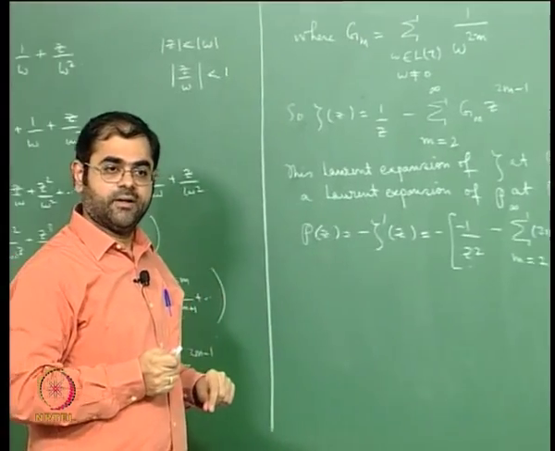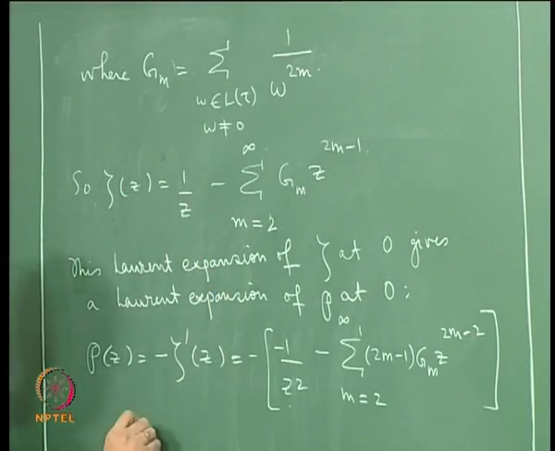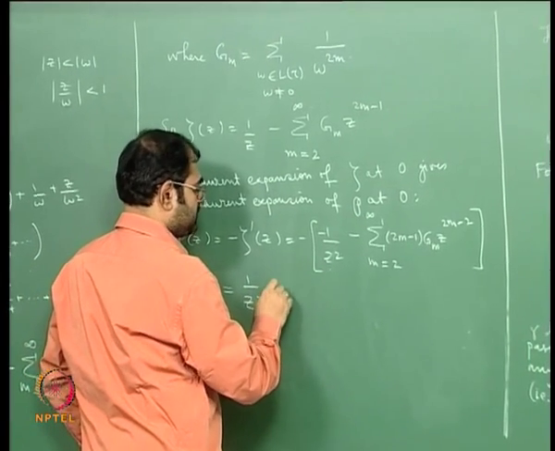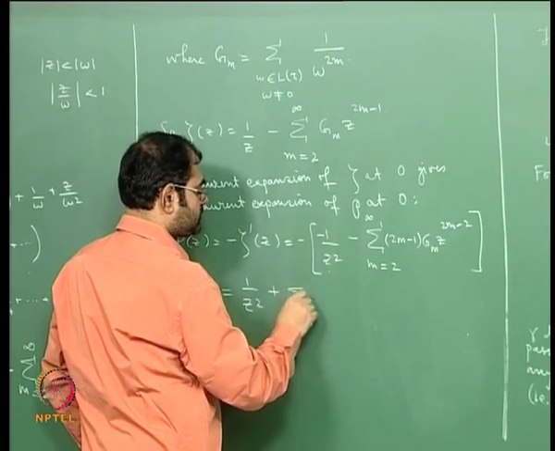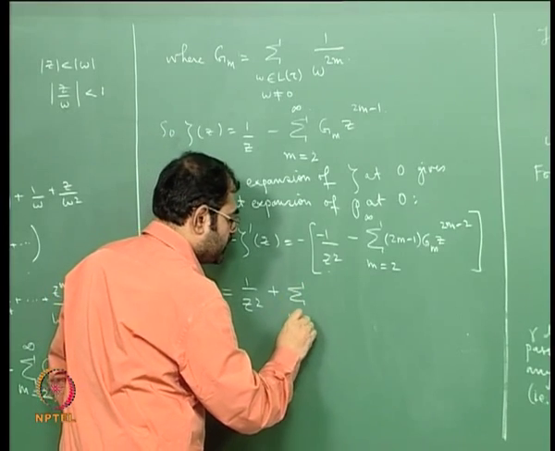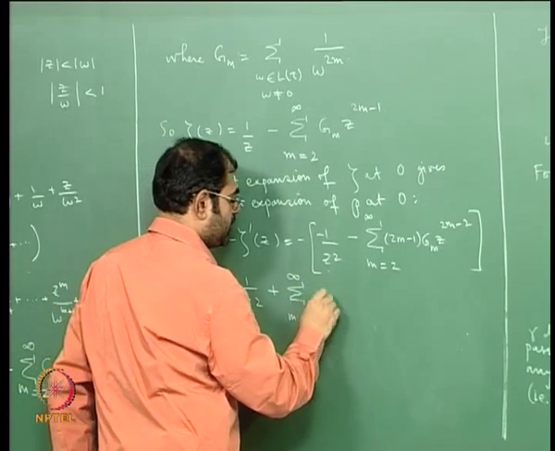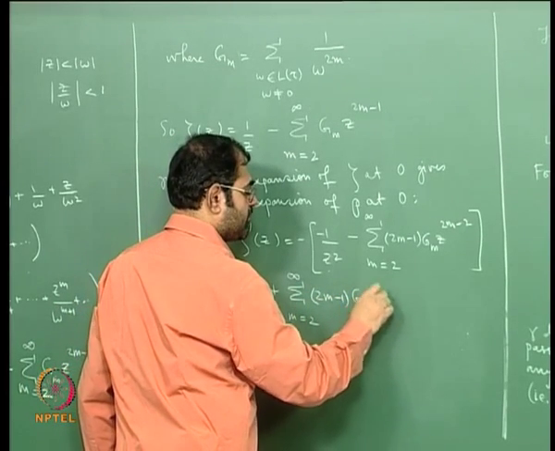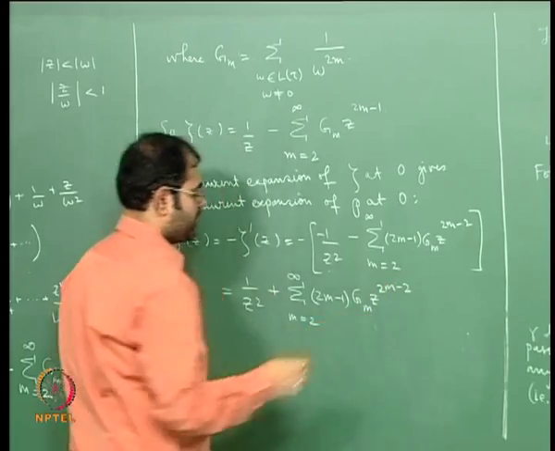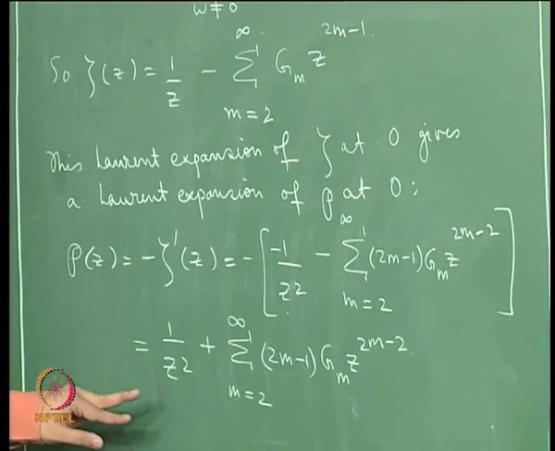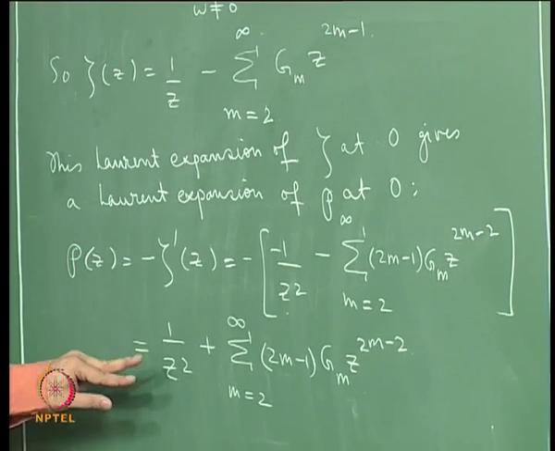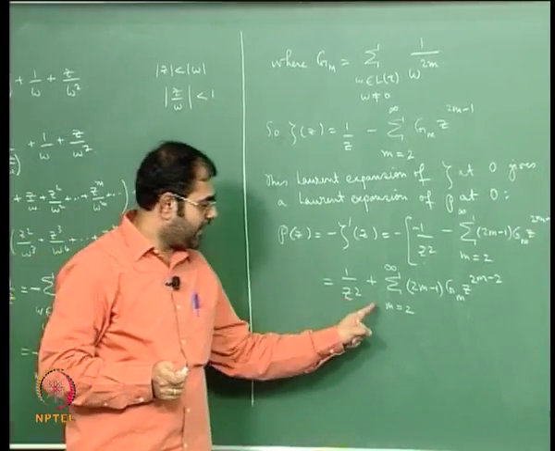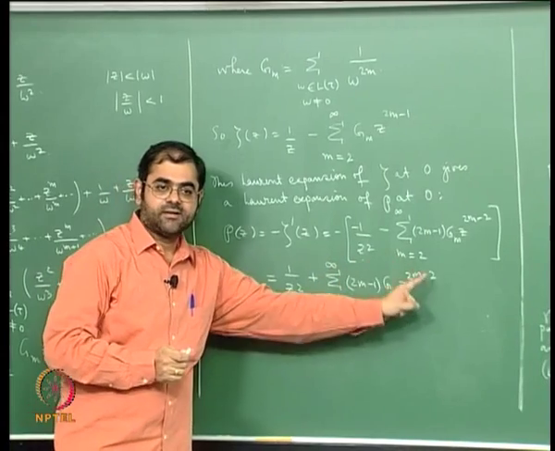So you get it very easily, and so this turns out to be 1 by z squared plus sigma m equal to 2 to infinity 2m minus 1 into gm z power 2m minus 2, okay. Now you see between the original description of the Weierstrass phi function and this, you see now the analytic part is very neat.